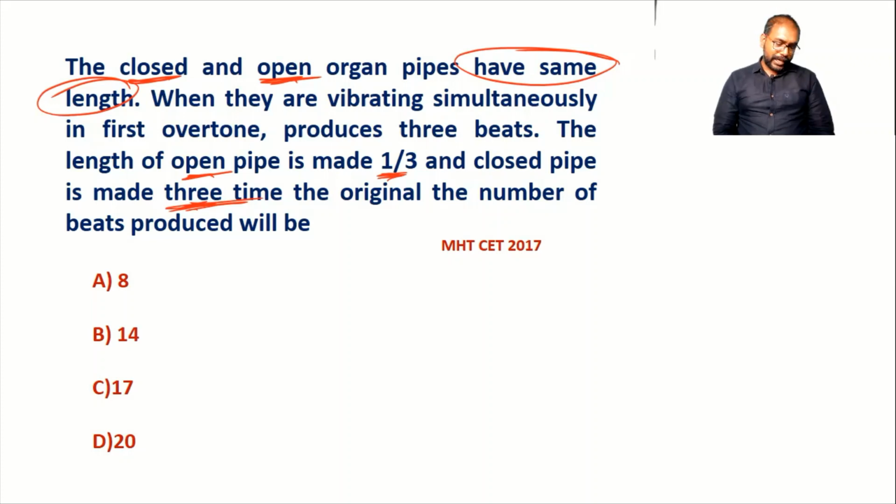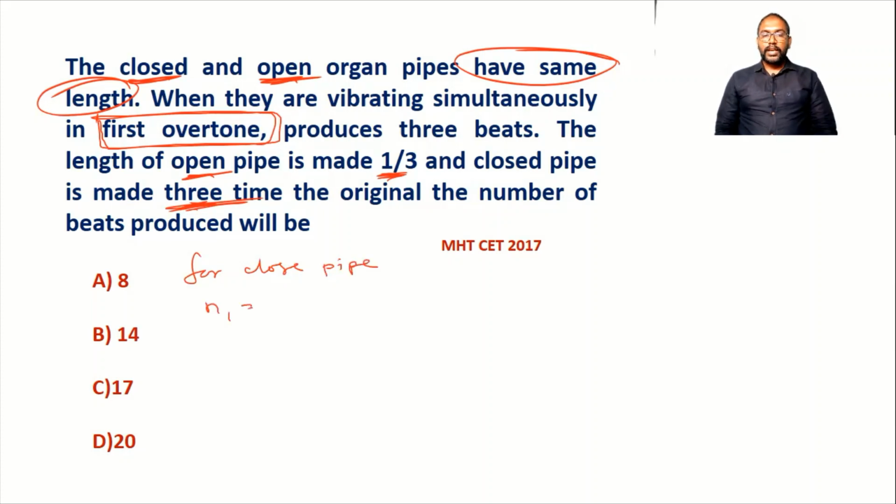So when they are vibrating in the first overtone, I write here for the closed pipe, first overtone. Now how does the closed pipe vibrate? Closed pipe vibrates n, 3n, 5n, and so on. The first overtone is 3n.